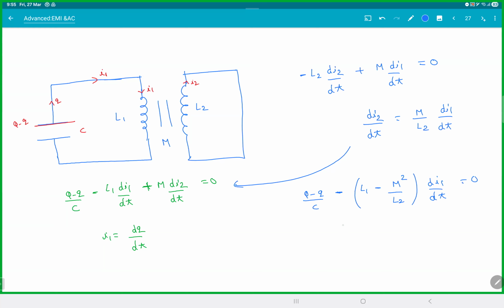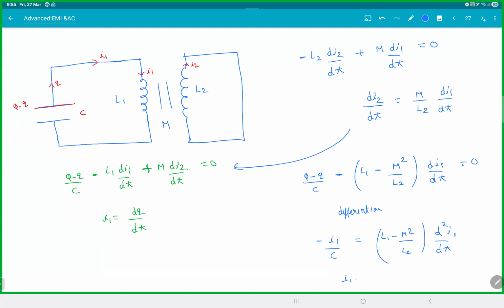Differentiate on both sides. That becomes minus I1/C is equal to (L1 minus M squared by L2) d squared I1/dt squared. Obviously, this is an SHM, isn't it? There is no resistor, it's an LC oscillation. So you'll get I1 is equal to some I into sin(omega t plus phi). How do you get the value of I there?